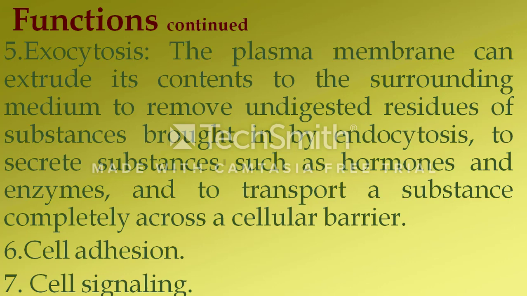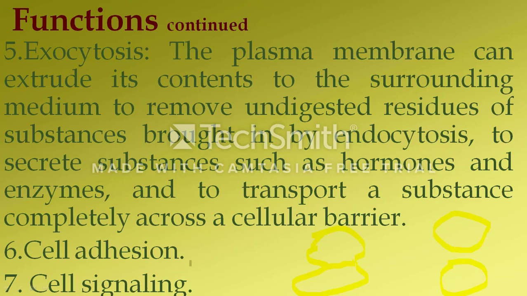And here, when the invaginations come in contact with one another, they coalesce or they join, and they form a single barrier, or a single layer of plasma membrane. So this coalescing activity plays an important role in cell adhesion.